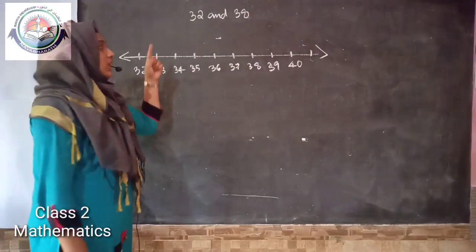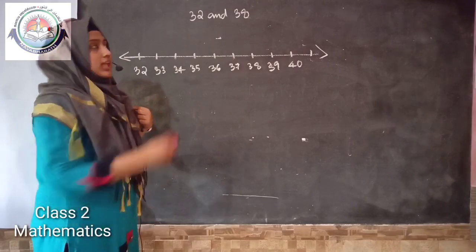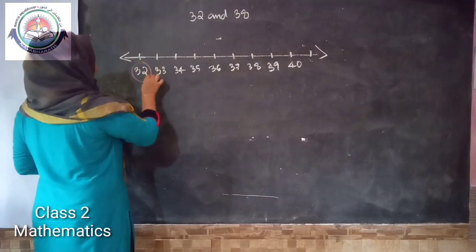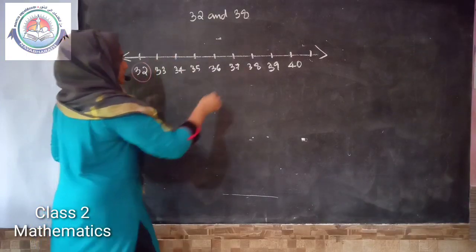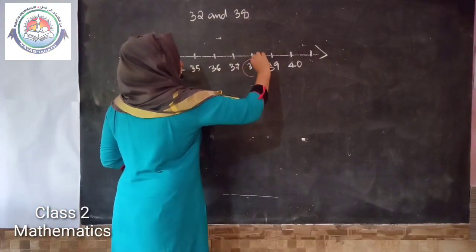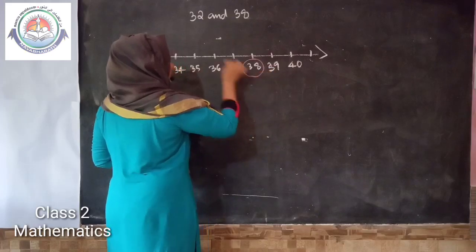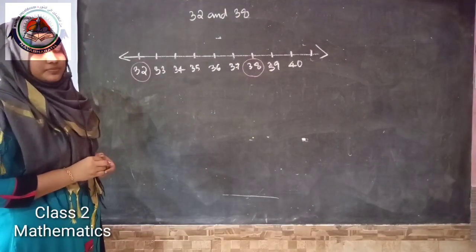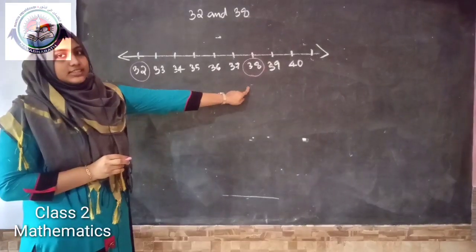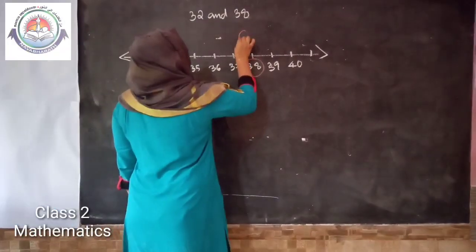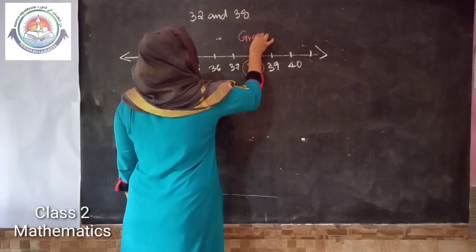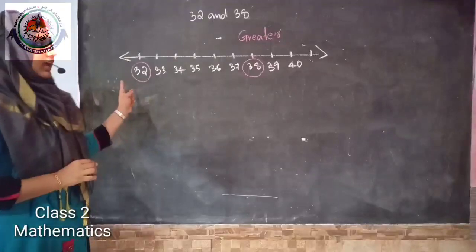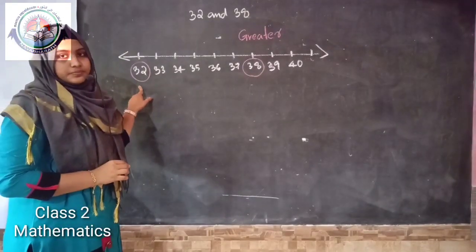So can you say which numbers are given? Number 32 and here is 38. Now can you say which is greater? Number 38 is greater. So we can say number 38 is greater than number 32.